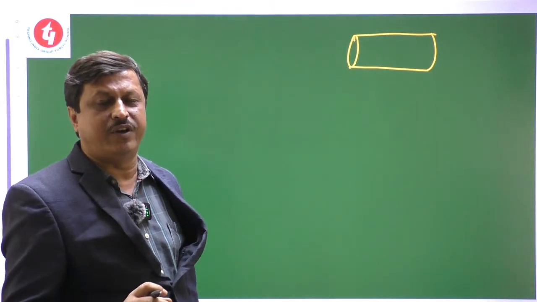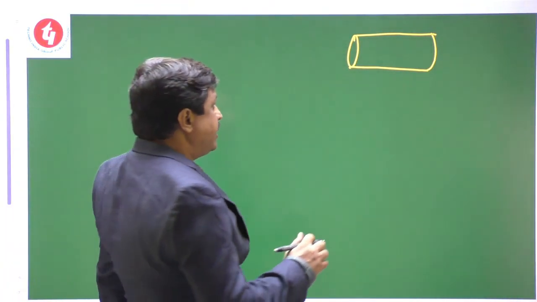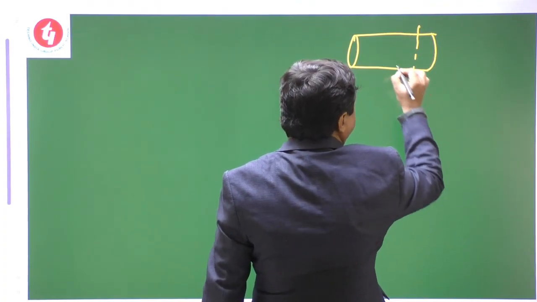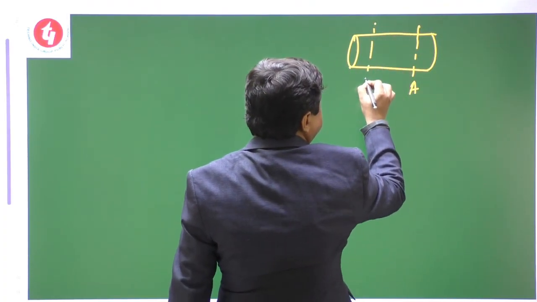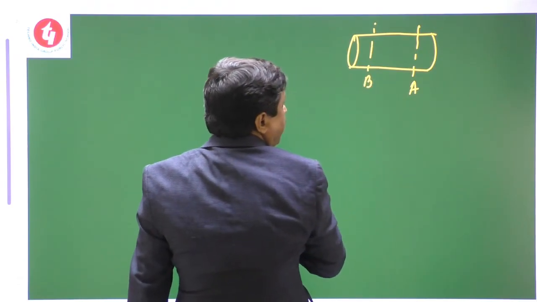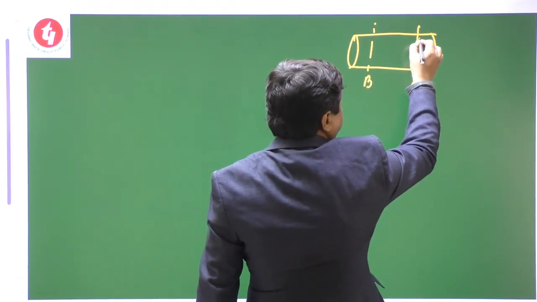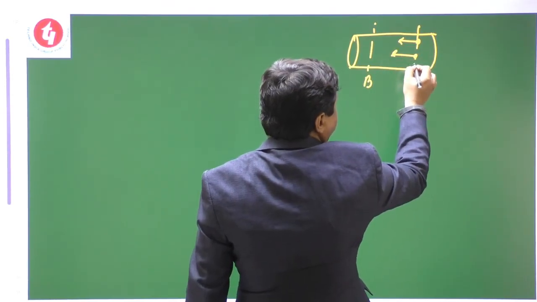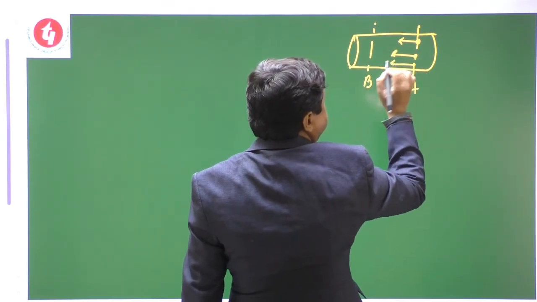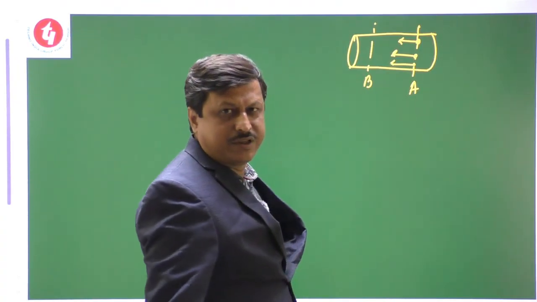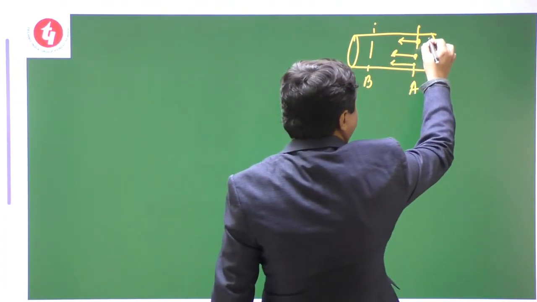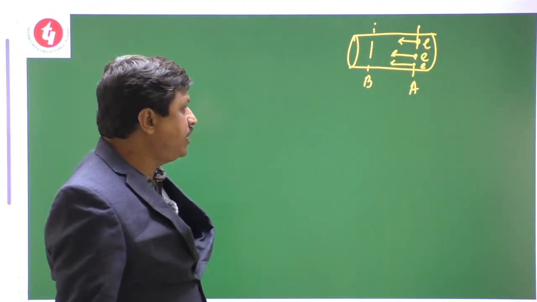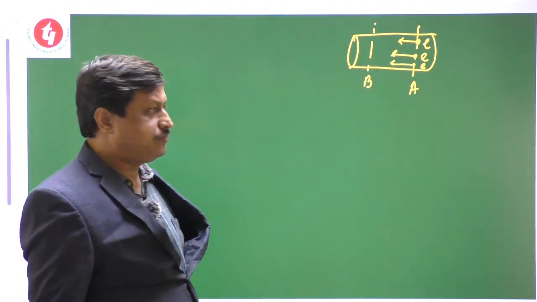Say this cross section is A and this cross section is B, and electrons move in this direction with the drift velocity.